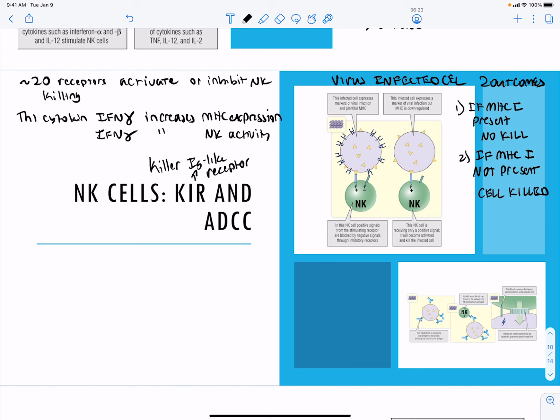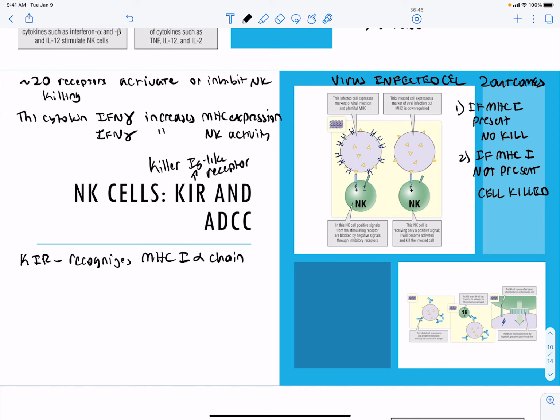But I first want to talk about KIRs. So a KIR recognizes the MHC1 alpha chain, not the region that binds to the peptide, but the region that is for the structure of the alpha chain.